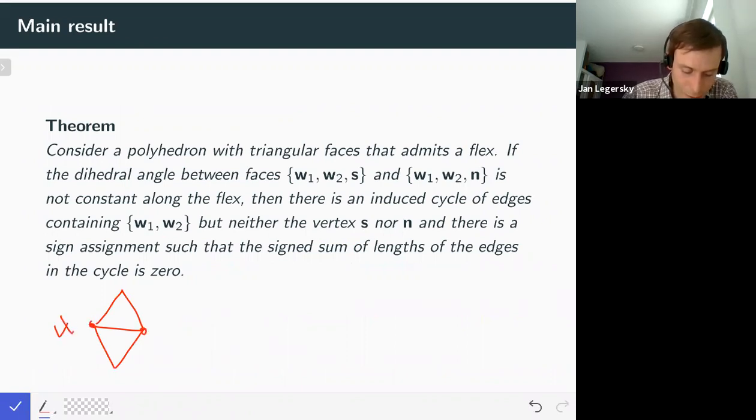So we have this W1, W2, that's our edge whose dihedral angle changes, and we denote this by N and S. And I will briefly show how to construct the cycle that goes through W1, W2, and the signs, such that when we sum them up with the signs, we get 0.